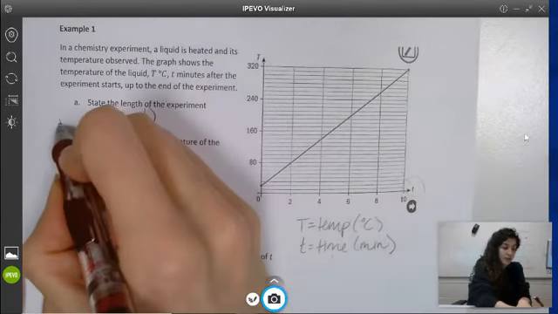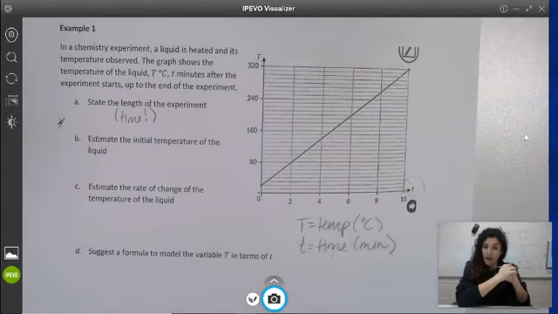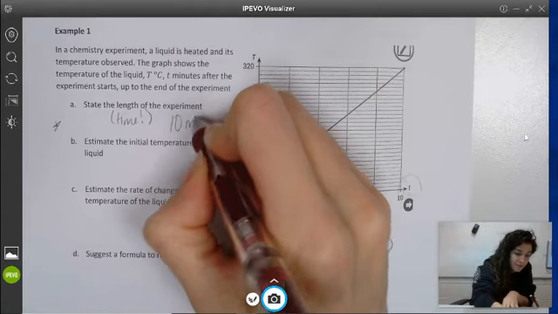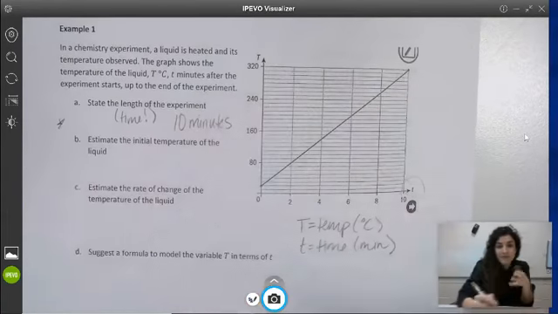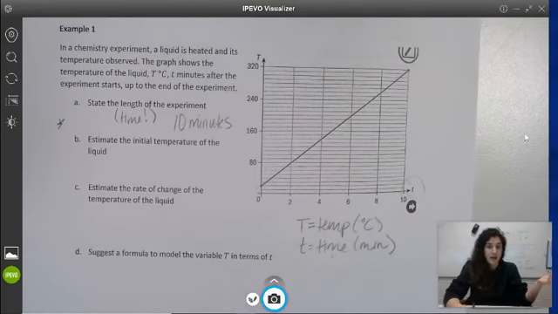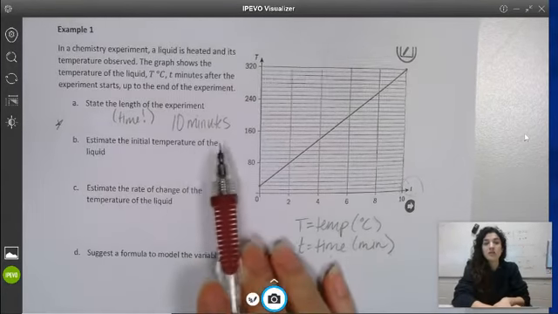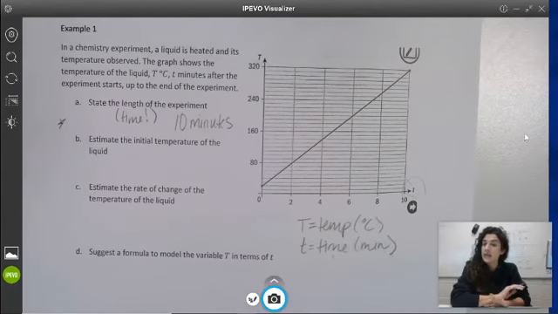What is the length of this experiment? How long does this experiment last? It lasts 10 minutes. If you just wrote 10, realize you could be like 10 days, 10 hours, 10 years. How long does this experiment last? 10 minutes.